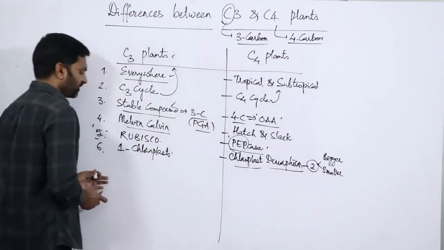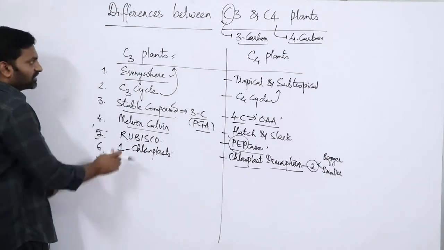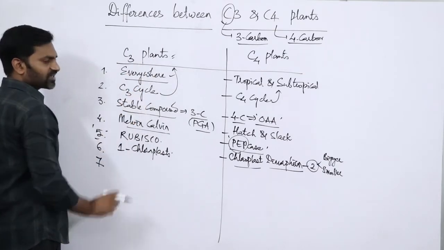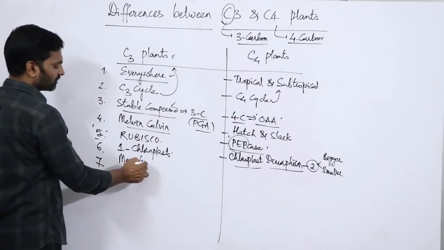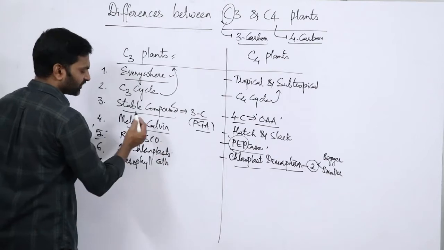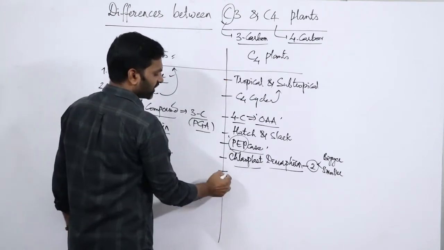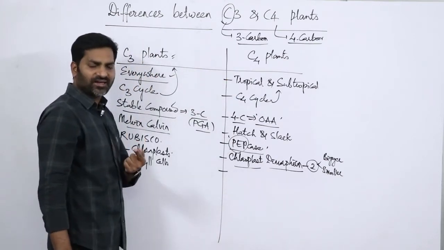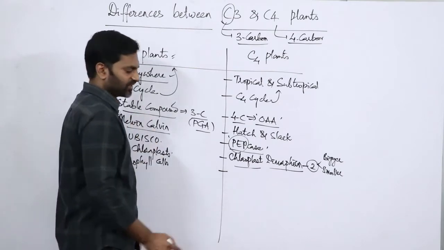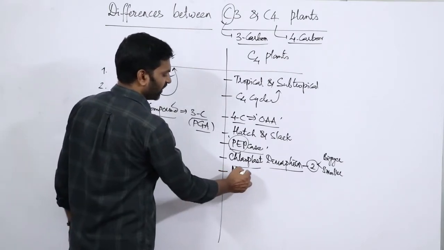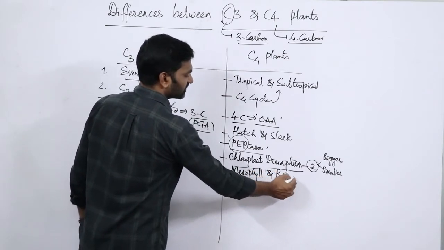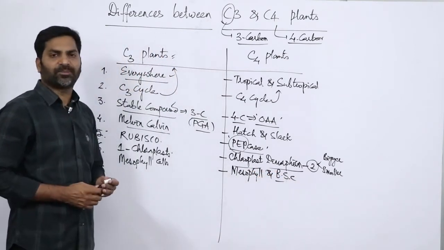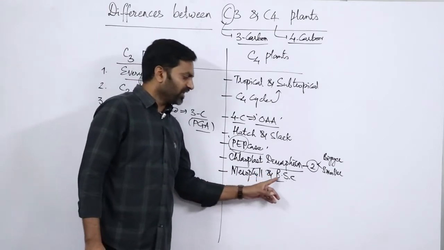Clear? Then number 7. The C3 cycle takes place in mesophyll cells, whereas the C4 cycle takes place in both cells: the mesophyll cells as well as the bundle sheath cells, BSC.